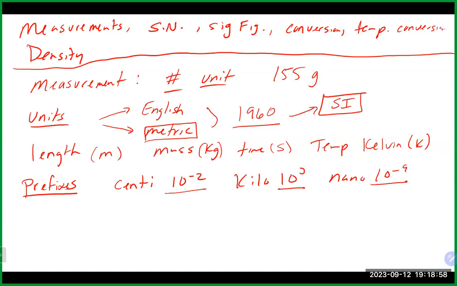So it's very common that when people use these prefixes, they oftentimes will do them backwards. So what you see here in terms of 10 to the minus 2 or 10 to the 3 or 10 to the minus 9, those are how much there is in the base unit to one of the prefix units.